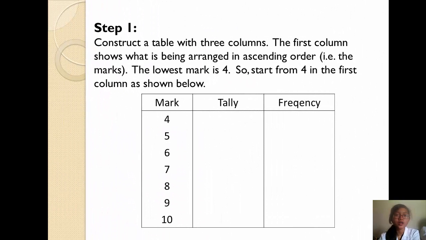Step 1. Construct a table with 3 columns. The first column shows the marks arranged in ascending order. The lowest mark is 4, so start from 4 in the first column as shown below.